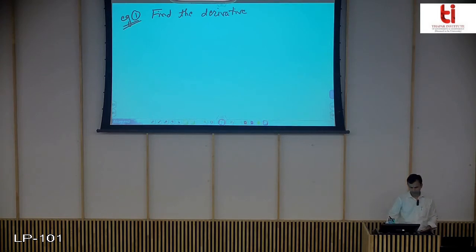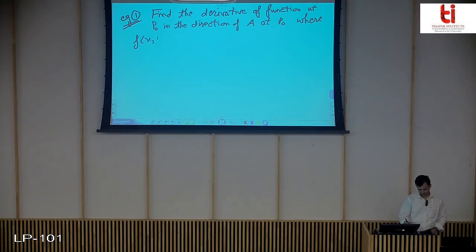So find the derivative of the function at point P naught in the direction of A, where f(x, y) is equal to 2xy minus 3y square. The point is (5, 5), and vector A is 4i plus 3j. So this is basically the question given.